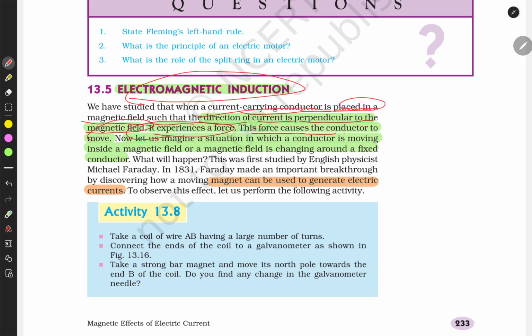This force causes the conductor to move. Now let us imagine a situation in which the conductor is moving inside a magnetic field, or a magnetic field is changing around a fixed conductor.